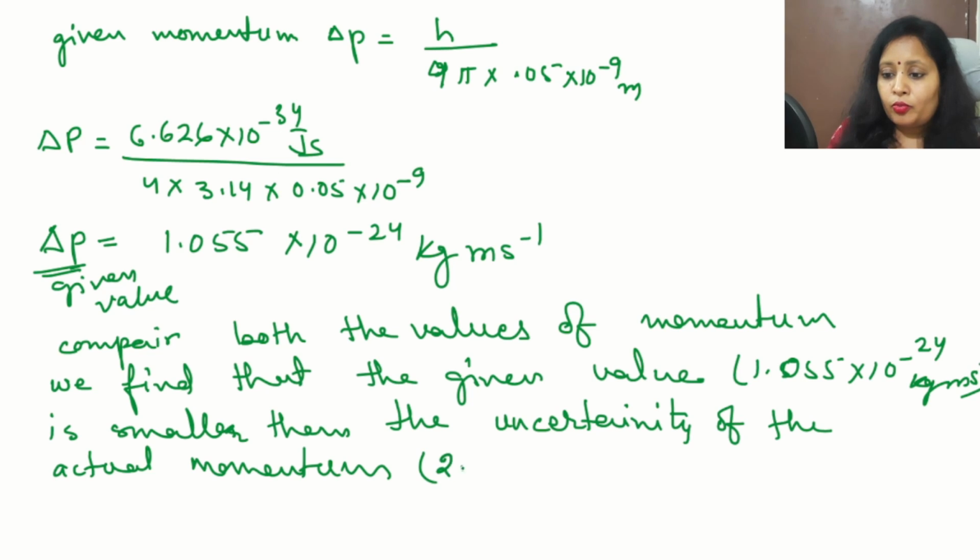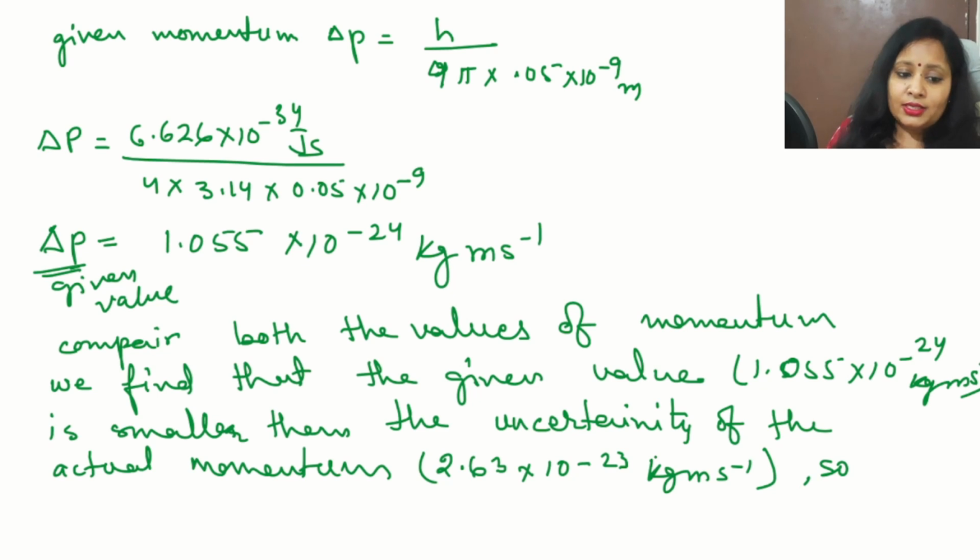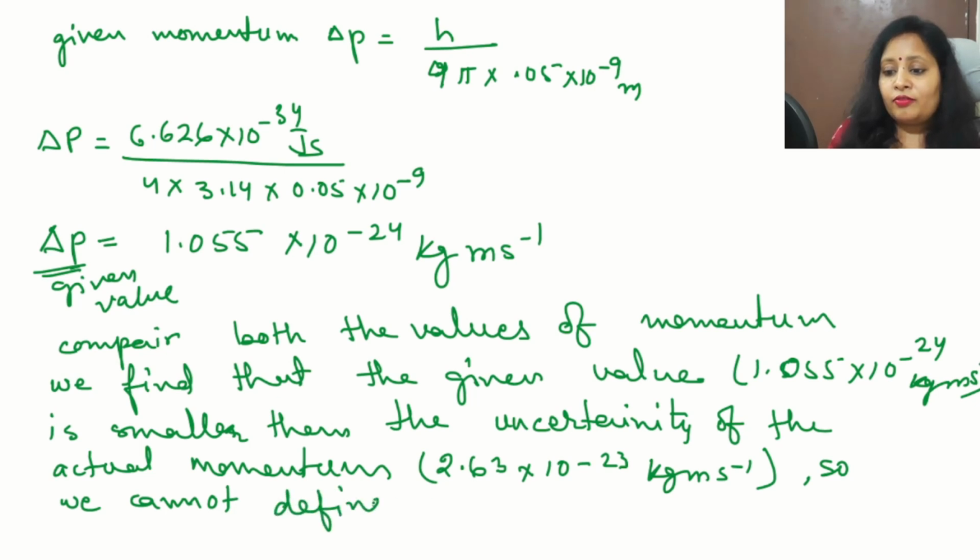It was 2.63 into 10 to the power minus 23 kg meter per second. So in this case, for the last part of the question, we cannot define the value.